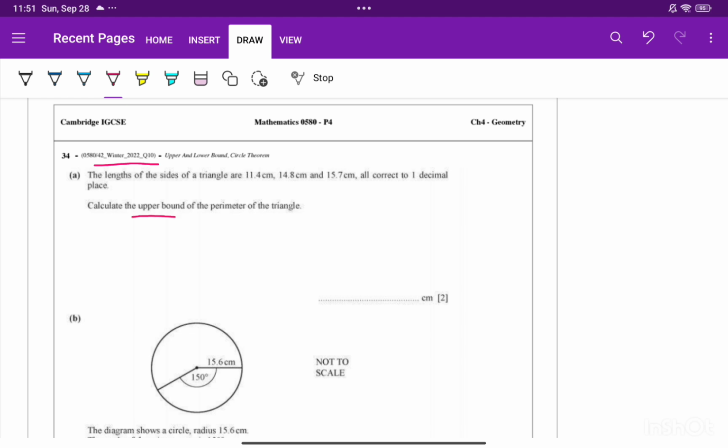We have to find the upper bound, and all these values are correct to one decimal place. So to each value we will add 0.1 divided by 2.